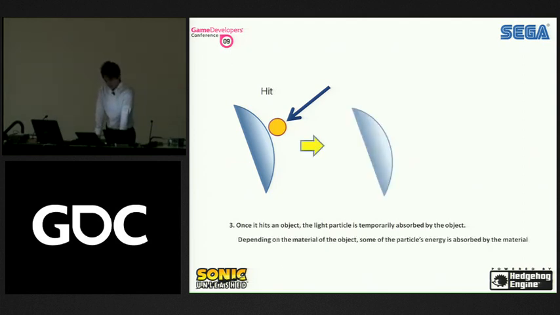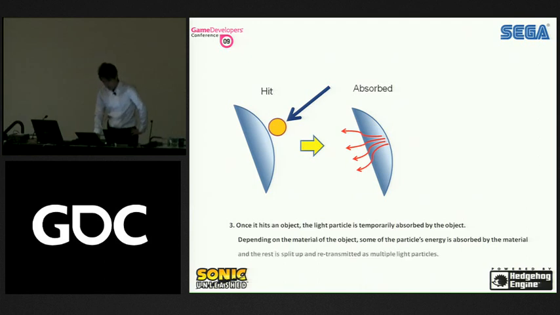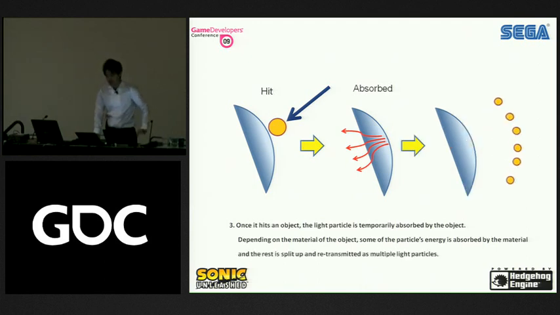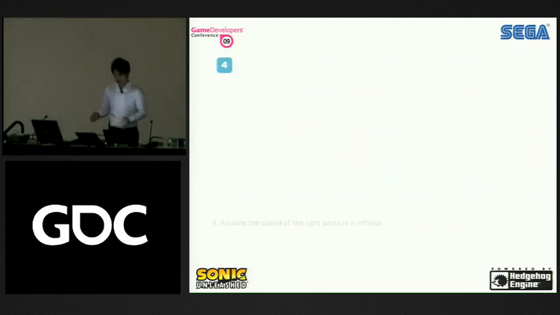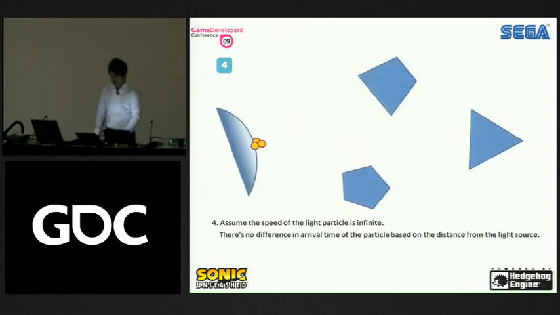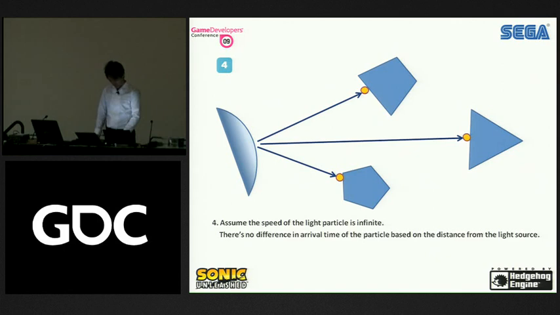Once the light particle hits an object, the light particle is temporarily absorbed by the object. Depending on the material of the object, some of the particle's energy is absorbed by the material. And let's say the rest of the energy is split up and retransmitted as multiple light particles. So this is the rule that we decided upon. Well, I think this is pretty simple, isn't it?